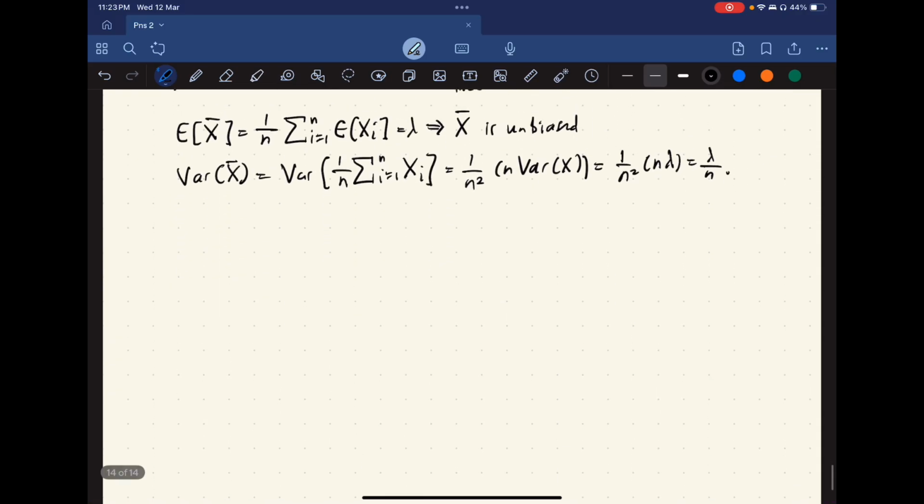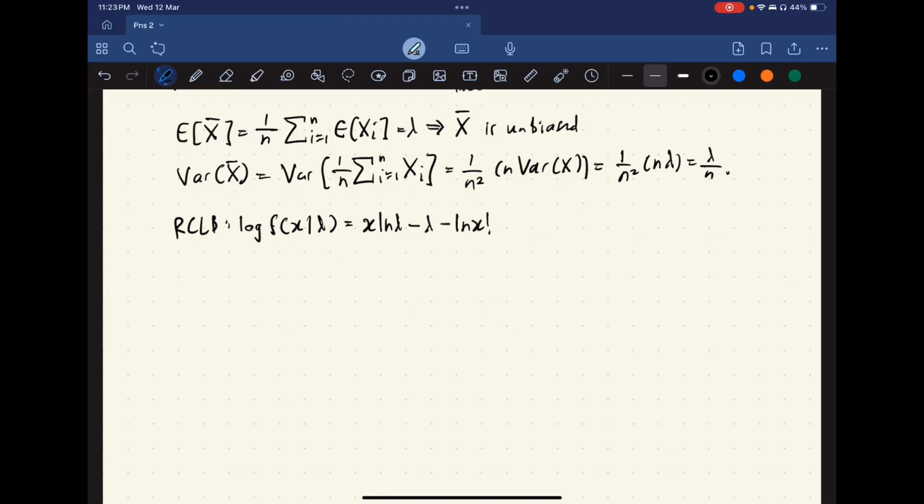Now find the Rao-Cramer lower bound. First we take the log of the PMF, and then we will have this.